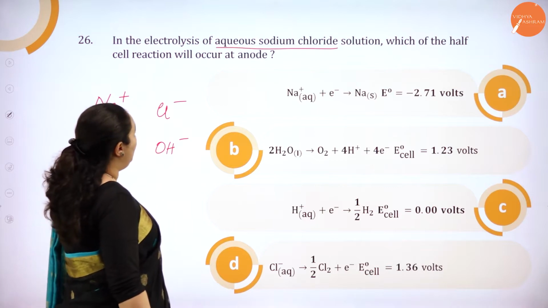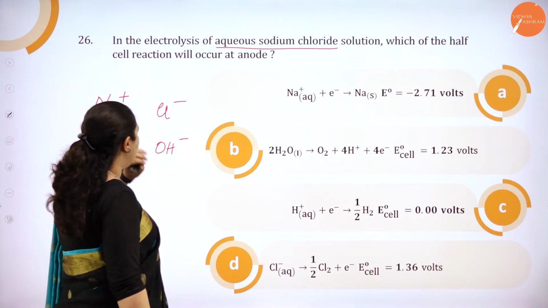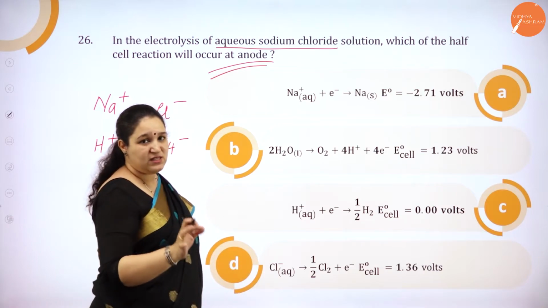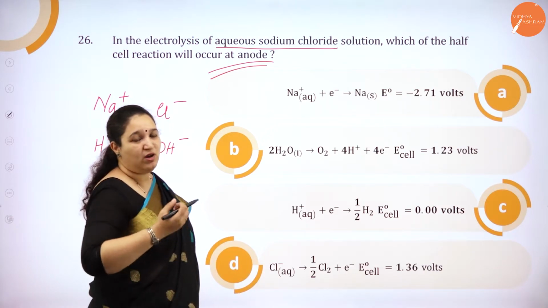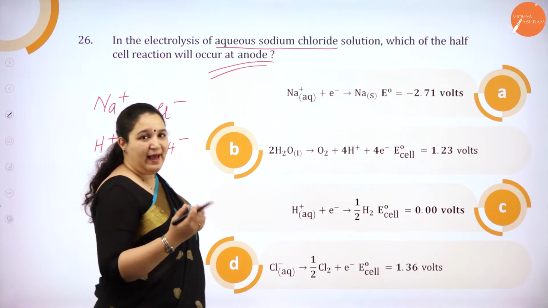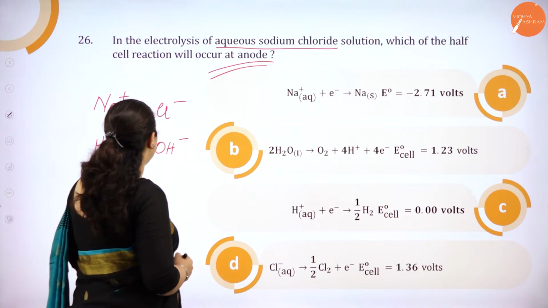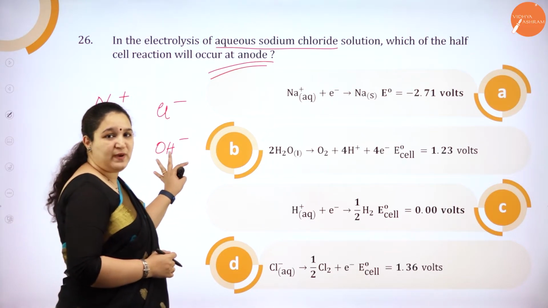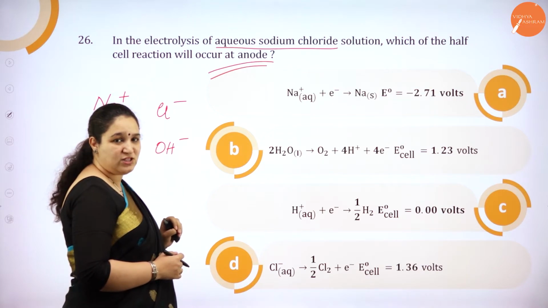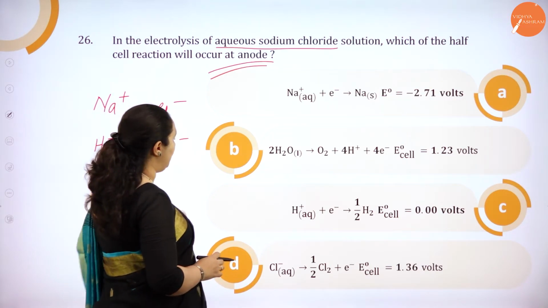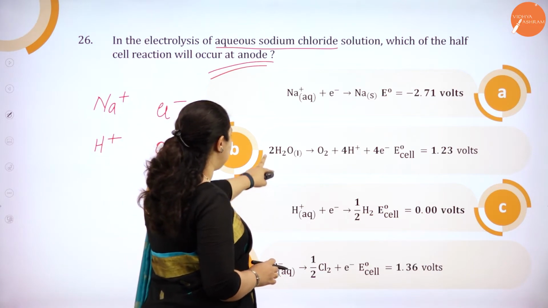Now, which half reaction will occur at anode? If you know the fact, it is very easy to answer because it is directly from your NCERT textbook. At anode, anions will go. Which are the anions? Chloride and OH-. For OH-, we don't write the reaction directly, we'll write it with H2O. So you have to see only those 2 reactions, that is Cl- and H2O.